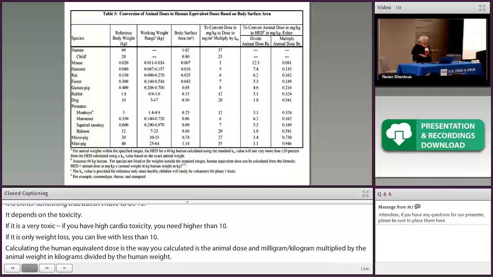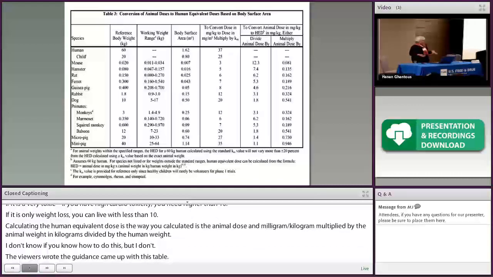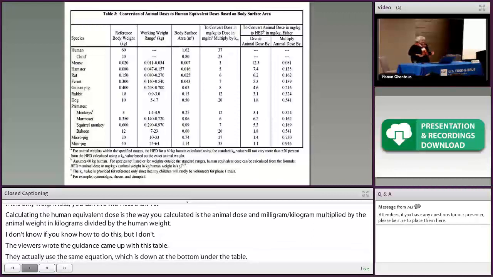So luckily, the reviewers who wrote the guidance at FDA came up with this table. They actually used the same equation, which is down at the bottom, under the table. And they used different weight ranges and body surface areas for different animals, and they came up with numbers that we can use.